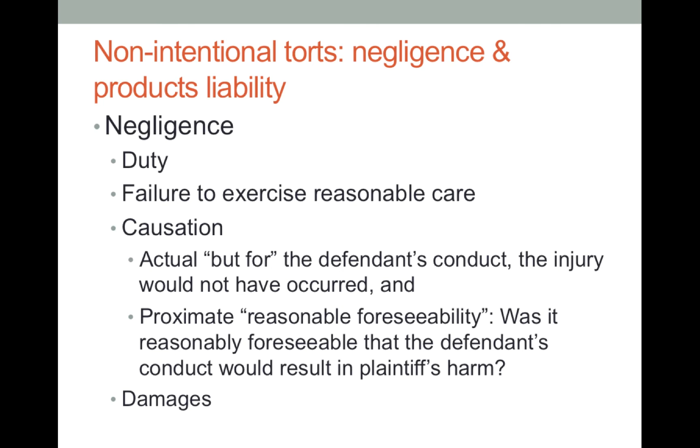The first part of causation is actual cause, sometimes called the but-for rule. But for the defendant's conduct, would that injury or loss have occurred to the plaintiff? And secondly, proximate cause. Was it reasonably foreseeable? Should the defendant have anticipated that the plaintiff could be injured in the way that he was? And finally, damages. In this podcast, we'll talk about duty and breach of duty.